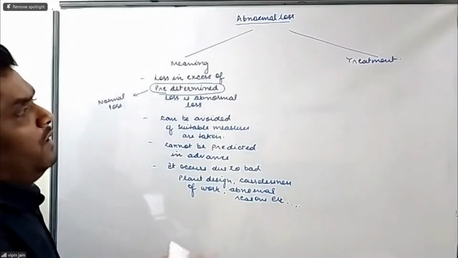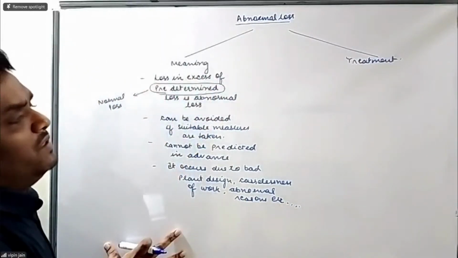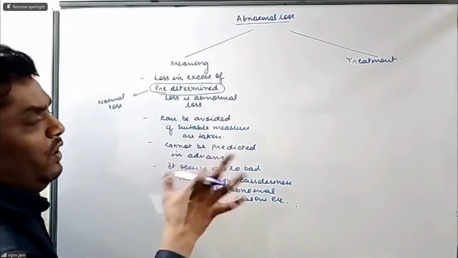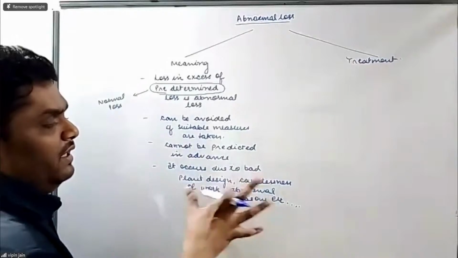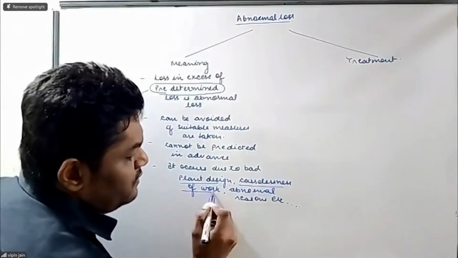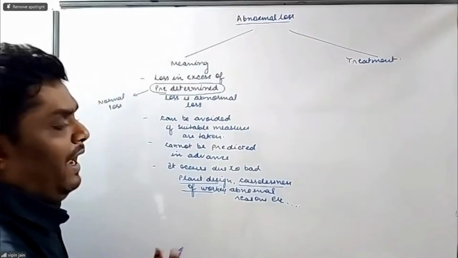So what is abnormal loss? Loss in excess of normal loss is abnormal loss. Can be avoided if suitable measures are taken. Cannot be predicted in advance. It occurs due to bad plant design, carelessness of workers, and abnormal reasons.